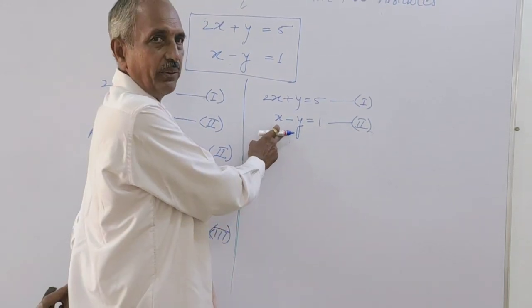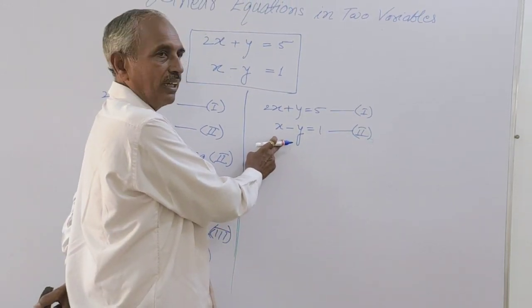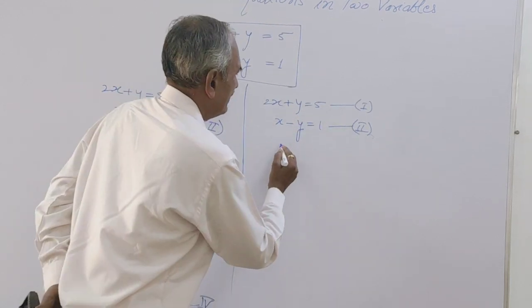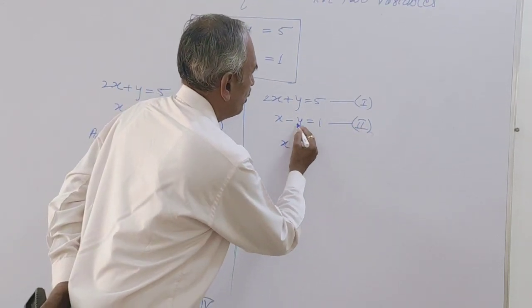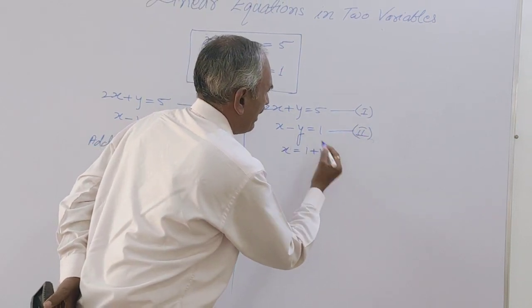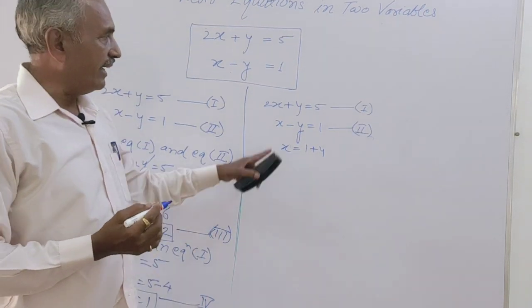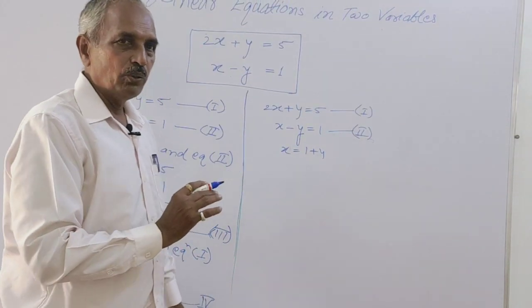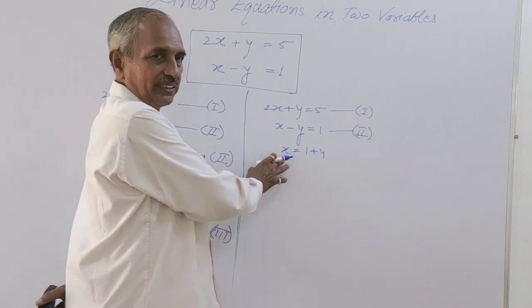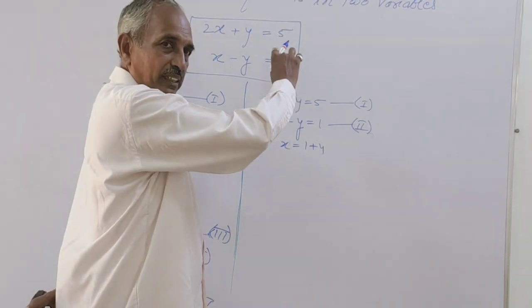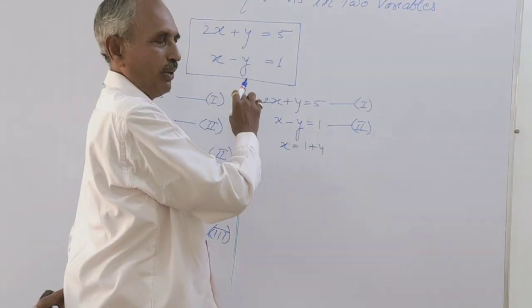If we look at equation number 2, I can transfer this y to the right hand side, means x is equal to, y goes to that side, 1 plus y. Here x is equal to 1 plus y. What I will do, this value of x, which is 1 plus y, I will substitute in equation number 1.